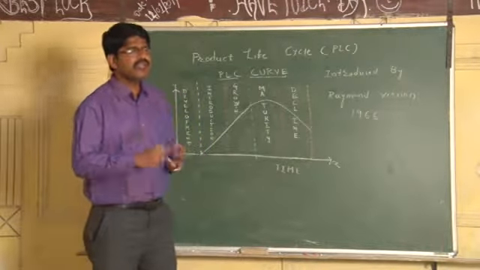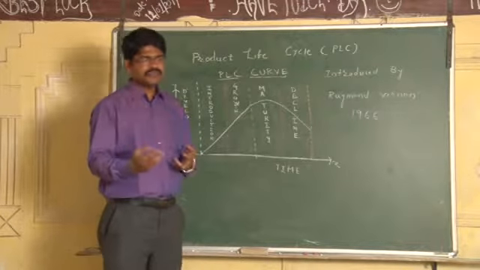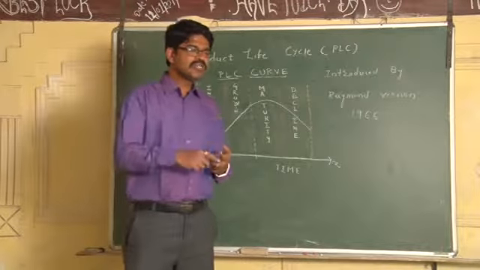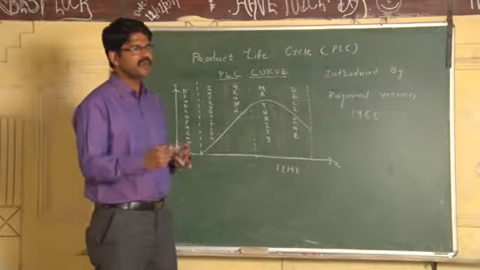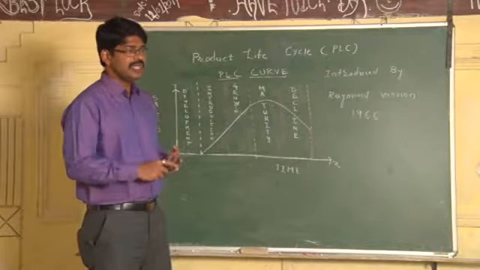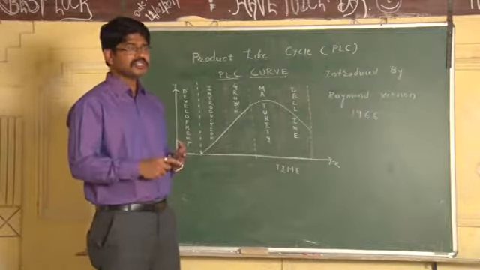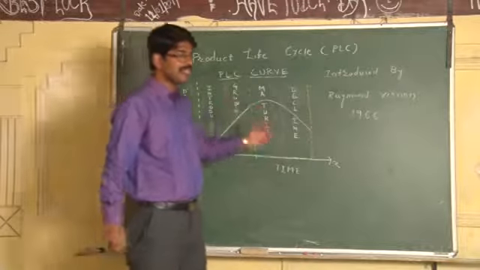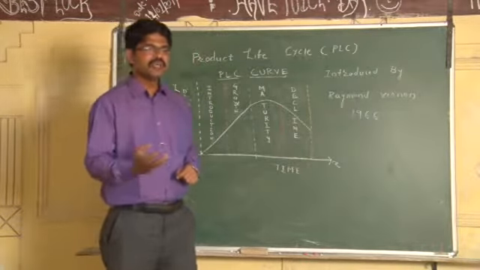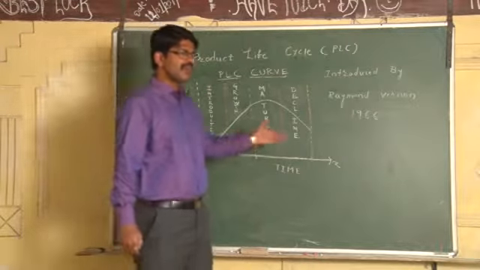And whatever the loyal customer base is, it will keep on demanding the company's product. The company just focuses on those customers and doesn't go for more expenditure. In fact, cost cutting is done by the company, and in that way the company tries to generate profit. So that we can call harvesting.